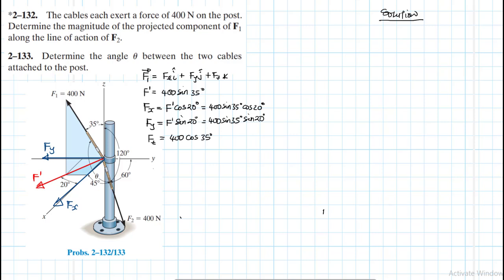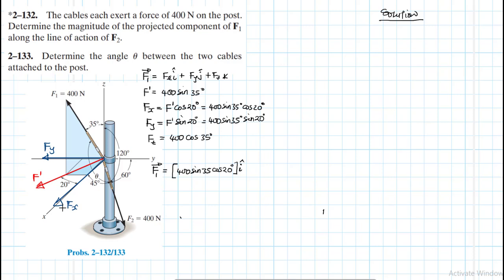Now finally we find this force vector F1. This force vector F1 is going to be equal to Fx i. So Fx is just 400 sin 35 cos 20 i. Mind the direction, I mean the sign.